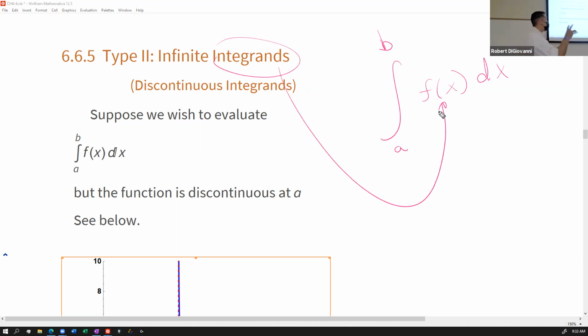So the second type is when your function itself becomes infinite. Vertical asymptote, that's what a vertical asymptote is. Your function's taking off to infinity or negative infinity. That's different than the previous type, which is where you had the infinity up in the limits of integration.